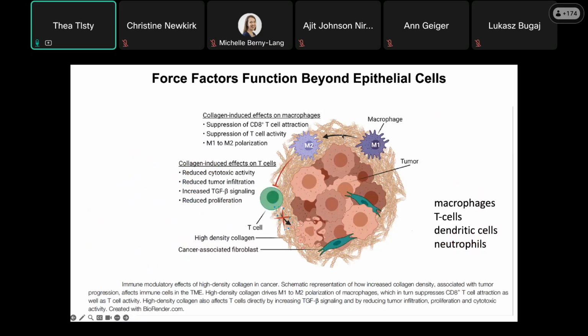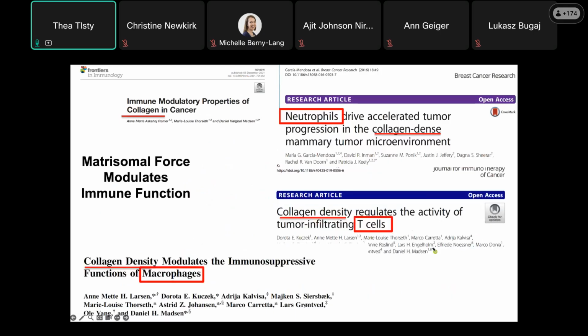Here is a summary of a lot of collagen. See what it does? It suppresses the attraction of T cells, the activity of the T cells. It polarizes the macrophages from an anti-tumorigenic to a pro-tumorigenic state. It does the same with dendritic cells and neutrophils. Here's just a few titles.